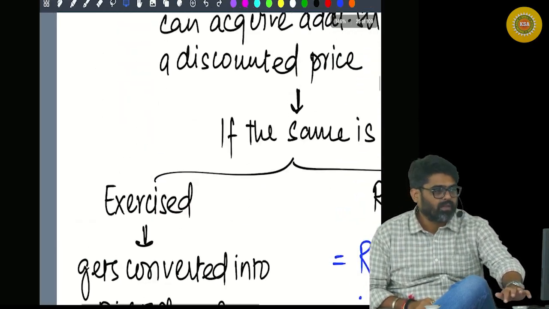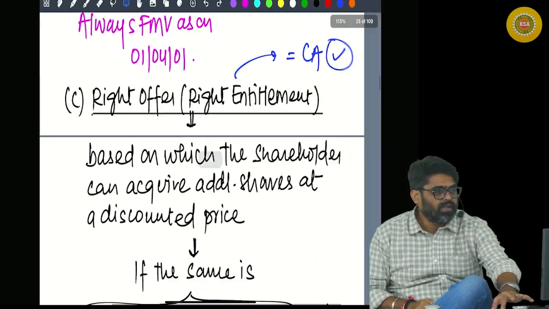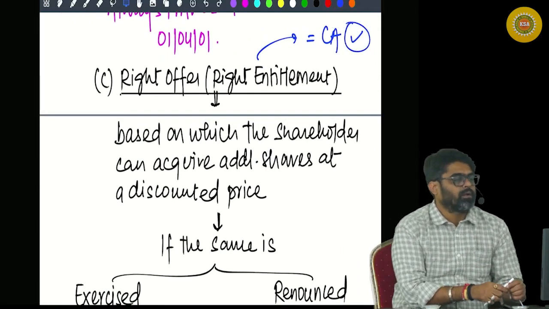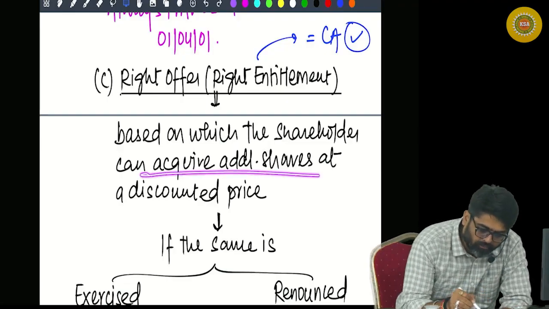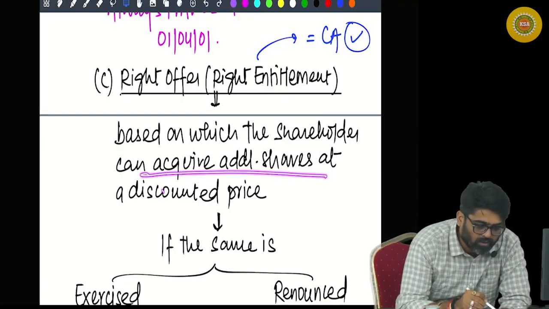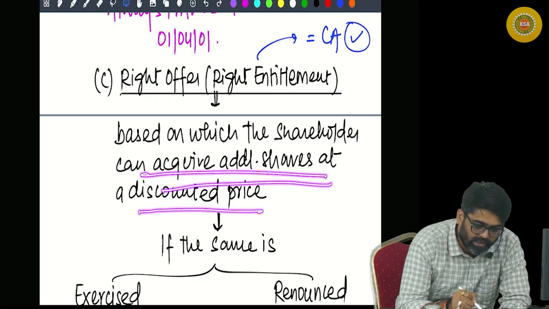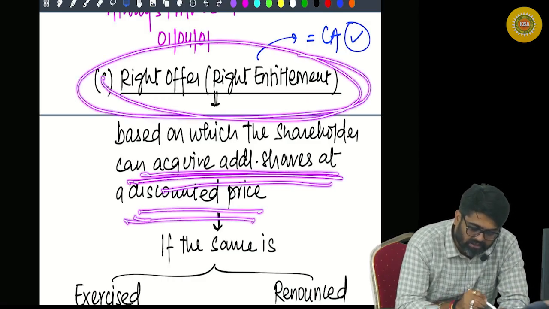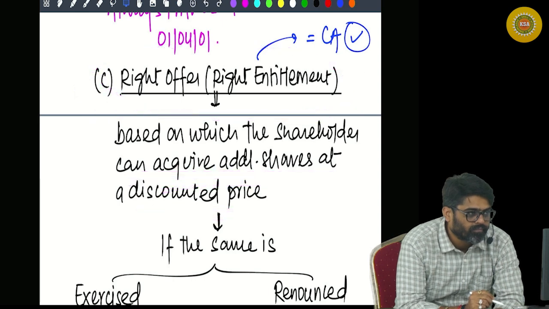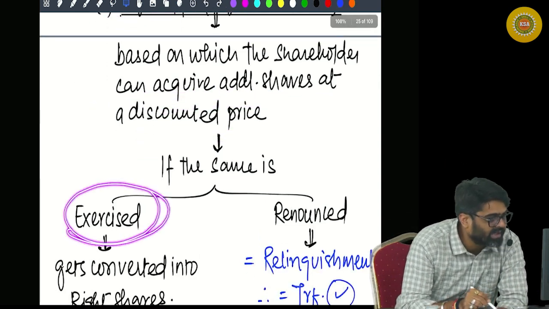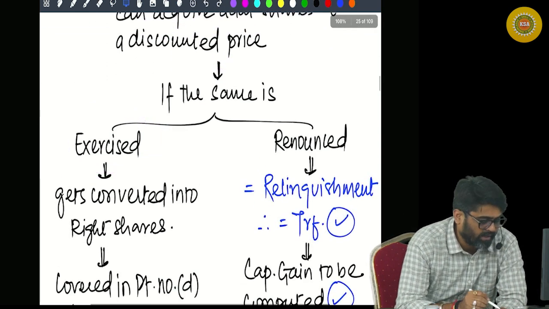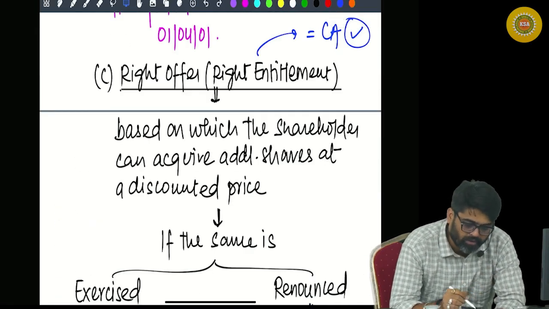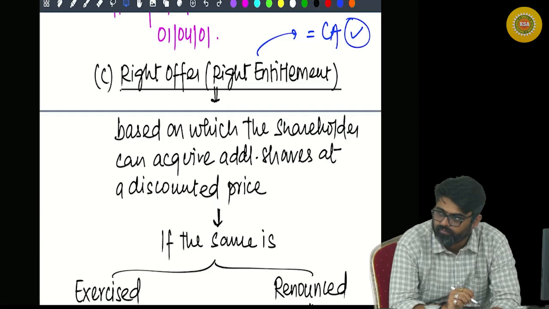But wait. The right is to acquire additional shares. If you exercise, that right gets converted into shares. We'll see it later. But what if you don't exercise this right?